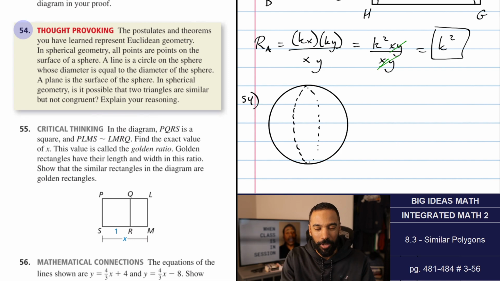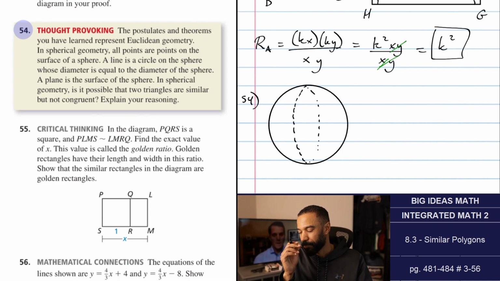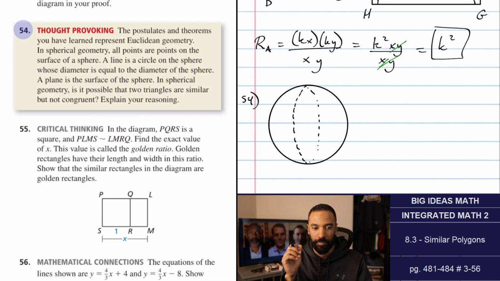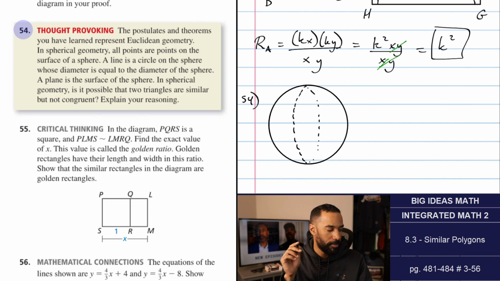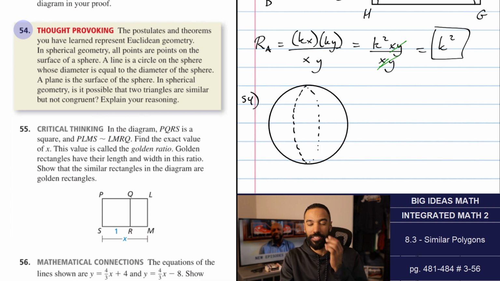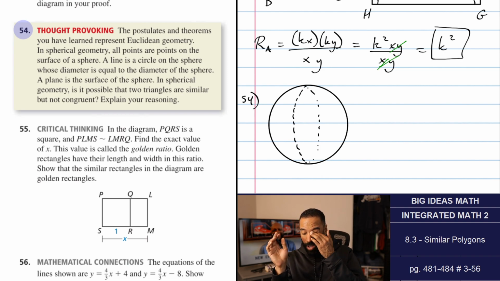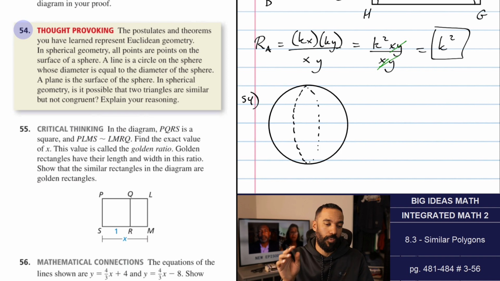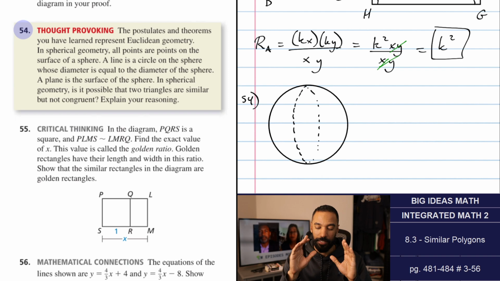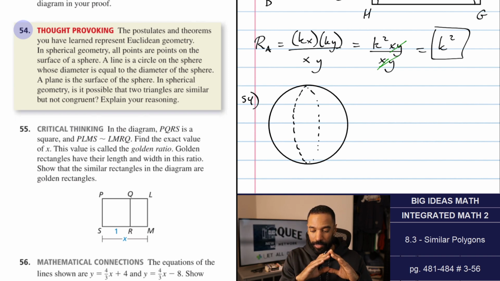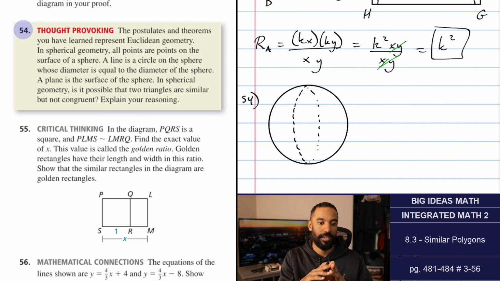But the problem here with being similar, the problem in the circle with having this thing is, once you have a set triangle, it has very specific angles, and those angles will remain congruent no matter what kind of triangle that you make on a spherical one.